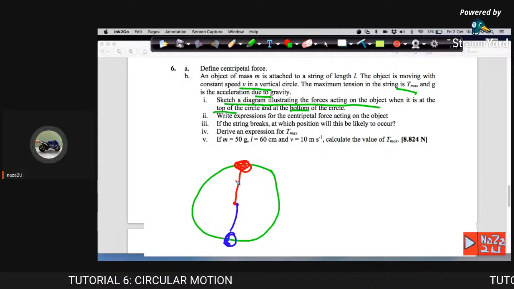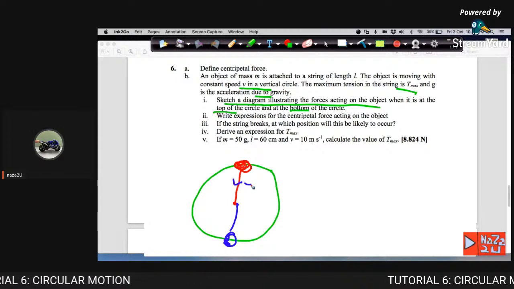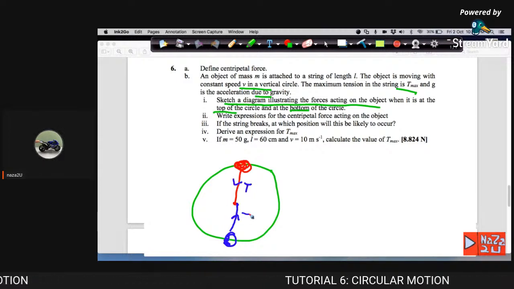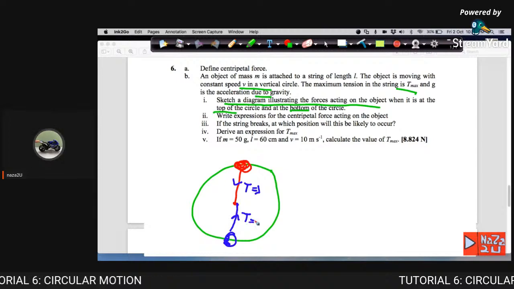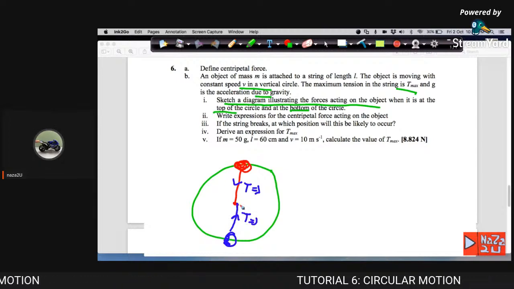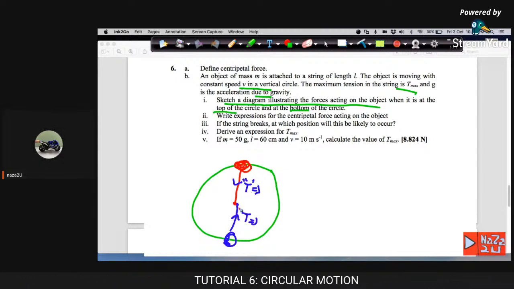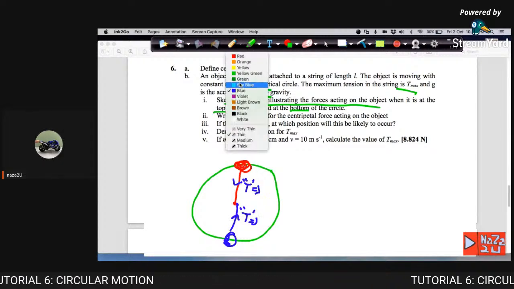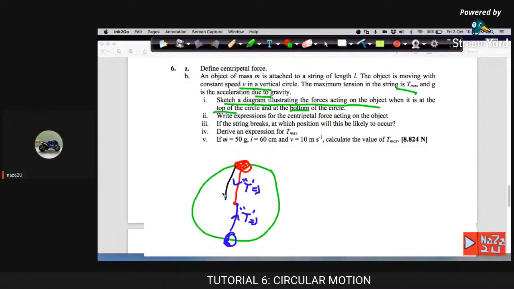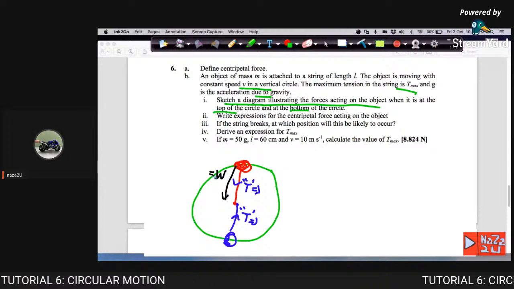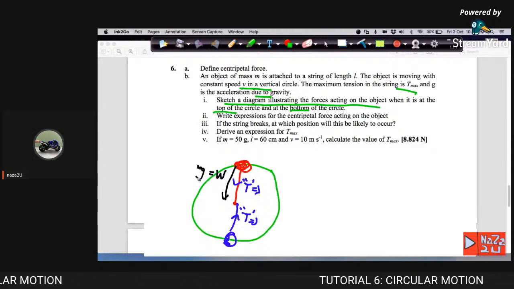The tension of the string is always toward the center, and the tension of the string here is a related force, not the centripetal force. This is the tension of the string, right? And the object has mass. If the object has mass, meaning we also have a weight force, which is equal to mass times g.